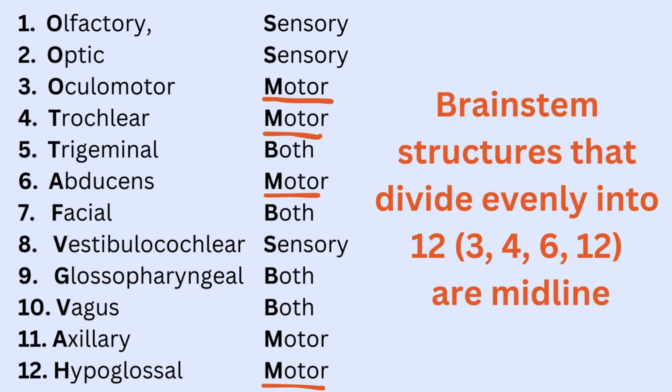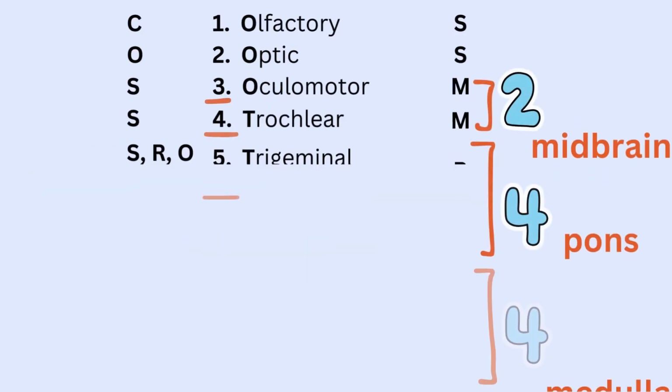They are all motor cranial nerves, but they all divide evenly into 12. Of course, not including cranial nerves 1 and 2, because those are not brainstem cranial nerves. So our midline cranial nerves are 3, 4, 6, and 12. That leaves 5, 7, 8, 9, 10, and 11 as lateral cranial nerves.